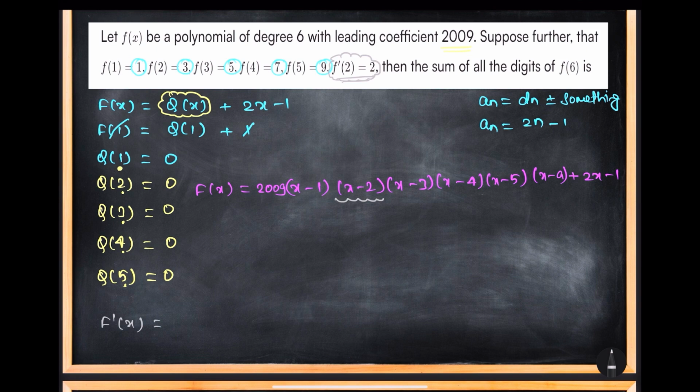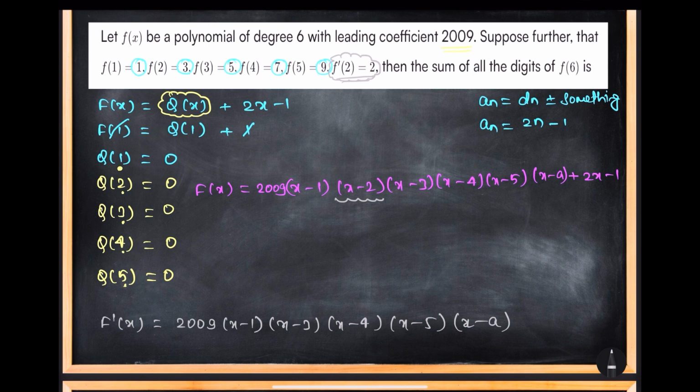So the differentiation of this will become: first 0, and then plus 2009 (x minus 1), and then the differentiation of that component will become 1, (x minus 3)(x minus 4)(x minus 5)(x minus a).